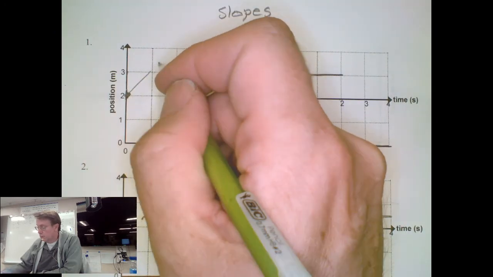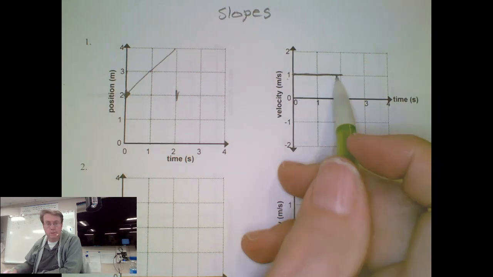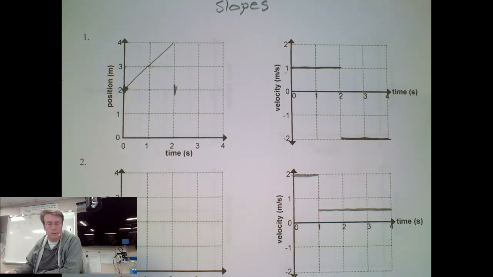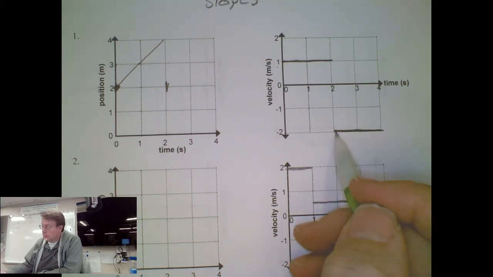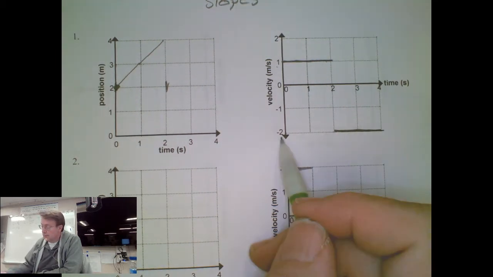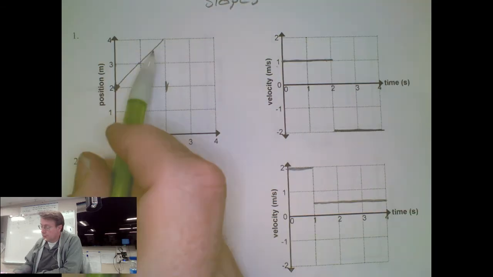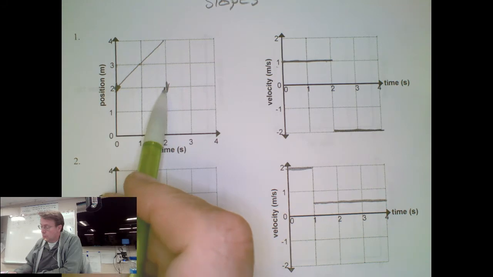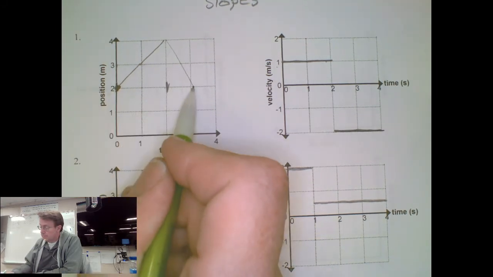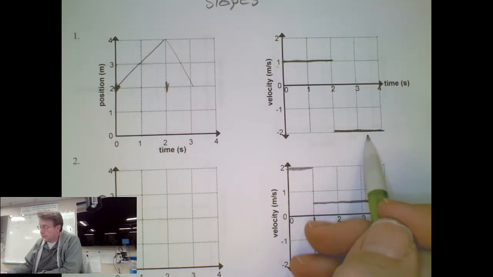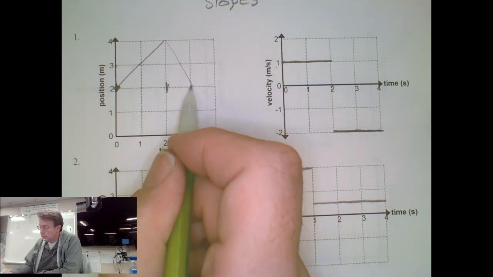So I do that once and then again, once for each of those 1 second intervals. Now I've got this down here where I've got a value of -2 for my slope. So I have to go down 2 over 1. So I'll do this. And then again, a -2 slope. So I have to go down 2 over 1.